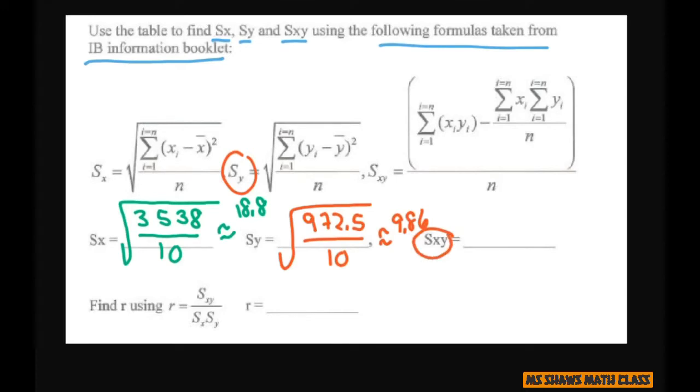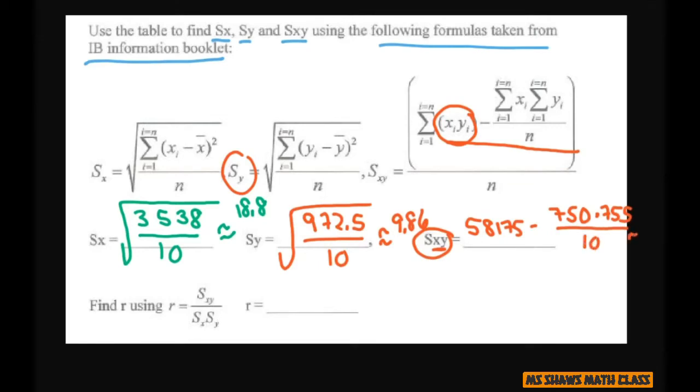And then your s sub xy, for your formula, we're using this formula, that's going to be this number, that's why we calculated that: 58,175 minus 750, remember our totals we did, times 755 divided by 10.